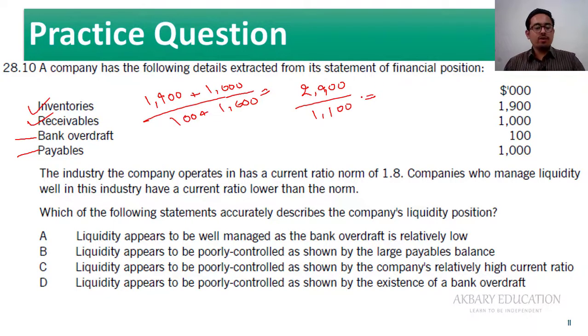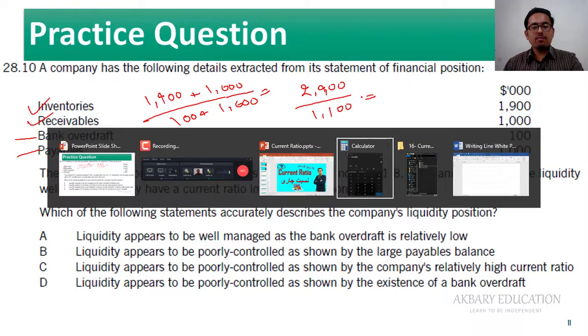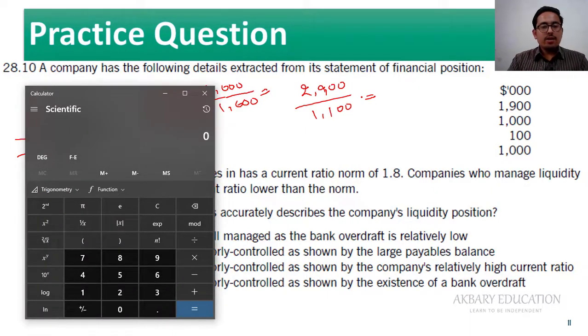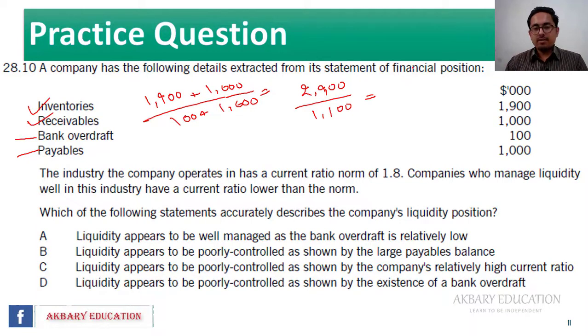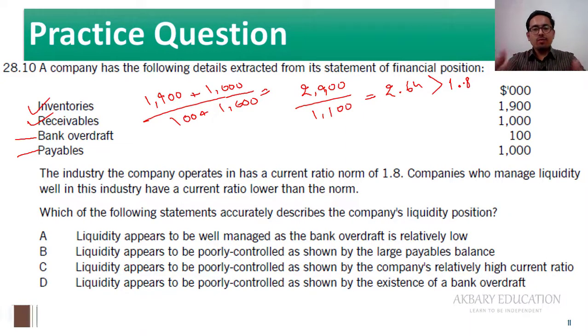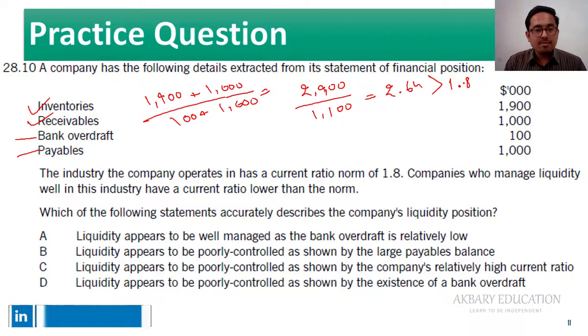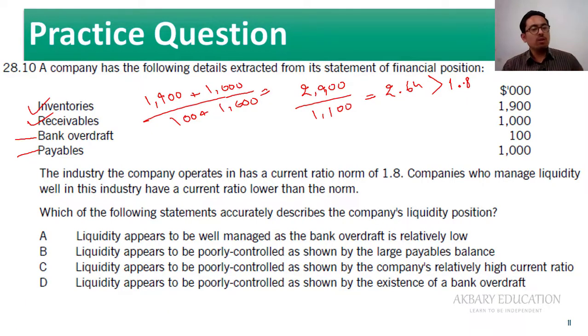If we divide them, let me use my calculator. 2,900 divided by 1,100 gives 2.64, and that is higher than 1.8, the norm of the industry. So the company is in a bad position compared to the industry norm. That's what we have to understand, but let's go to the options.